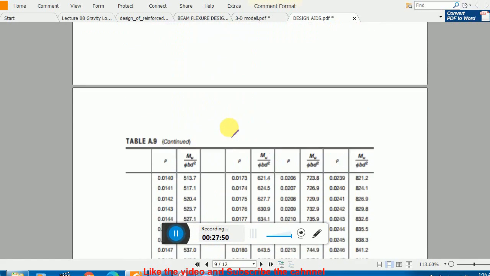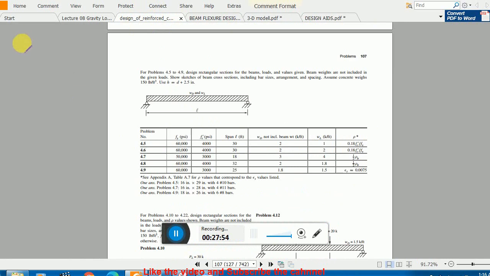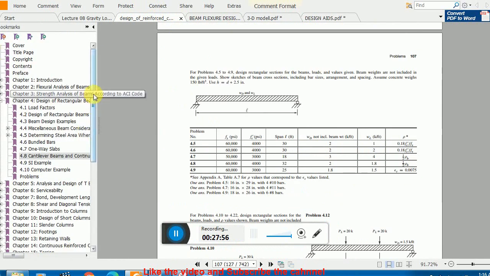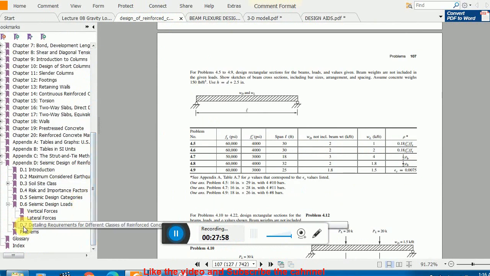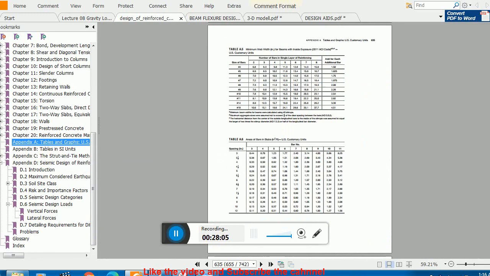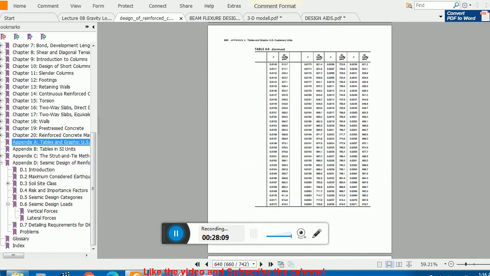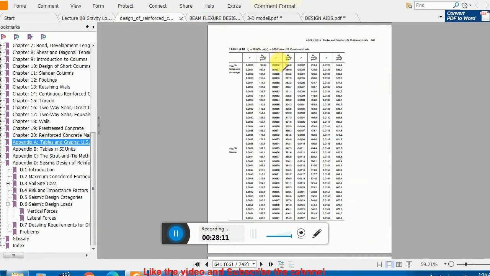So for that purpose we have to go to the Nilson book or the McCormac book, and go to the design aids. Basically here I have it, and go down, and here we have 50,000.